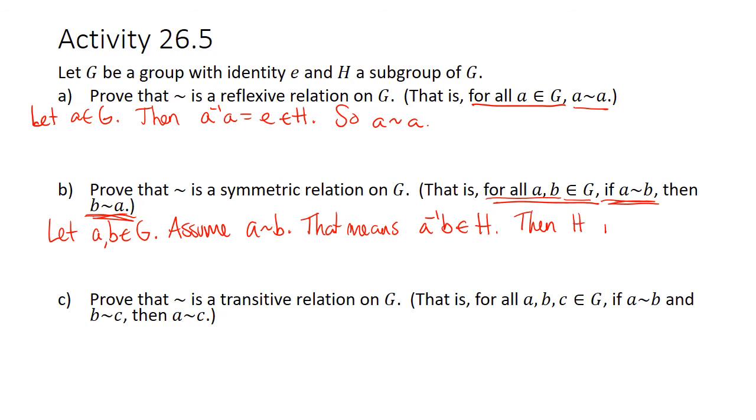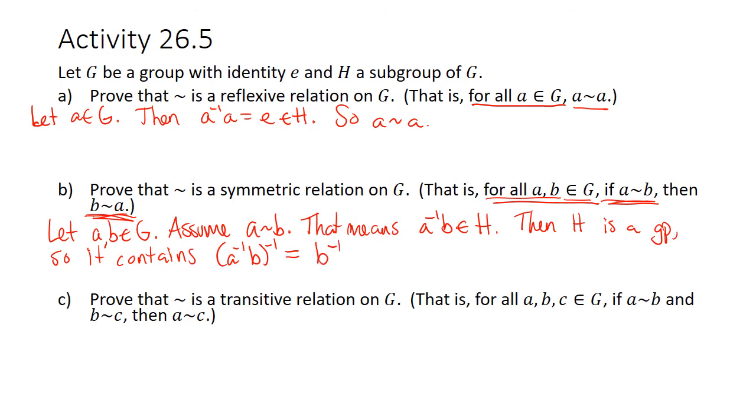Then H is a group, so it contains inverses. So it contains A inverse B inverse, like that. And what is that going to be? Remember, when you take the inverse of a product, when your group is not abelian, you have to swap the order and then do the inverse of each one.